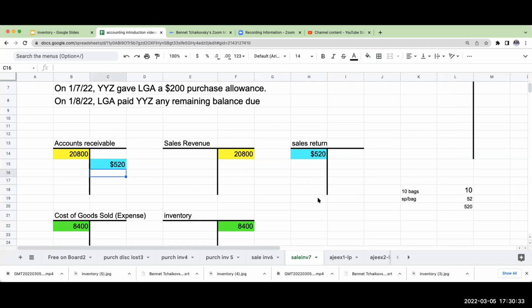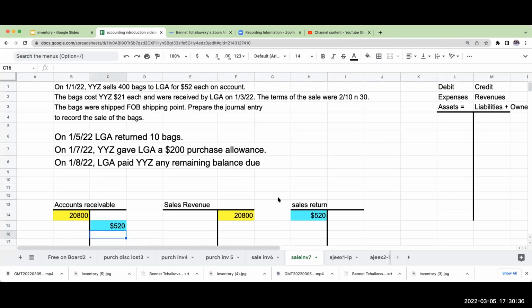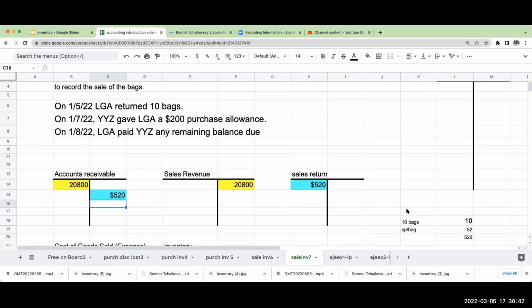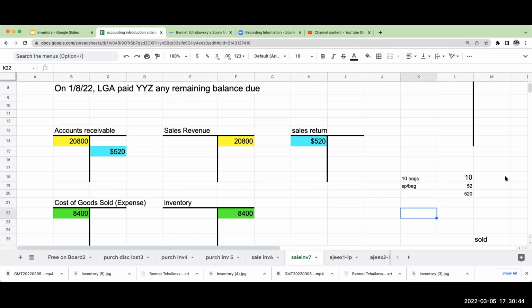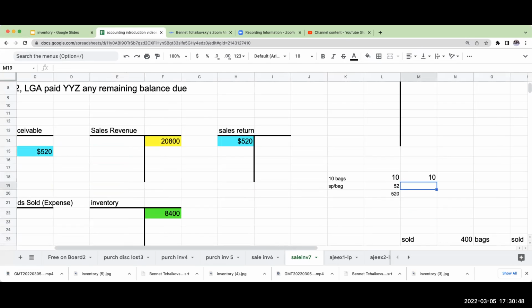Now, the other part of this is when I'm getting a sales return, the inventory is coming back to me. So I have to show the inventory coming back onto my books. The bags that were being returned were 10. My cost per bag is going to be 21.